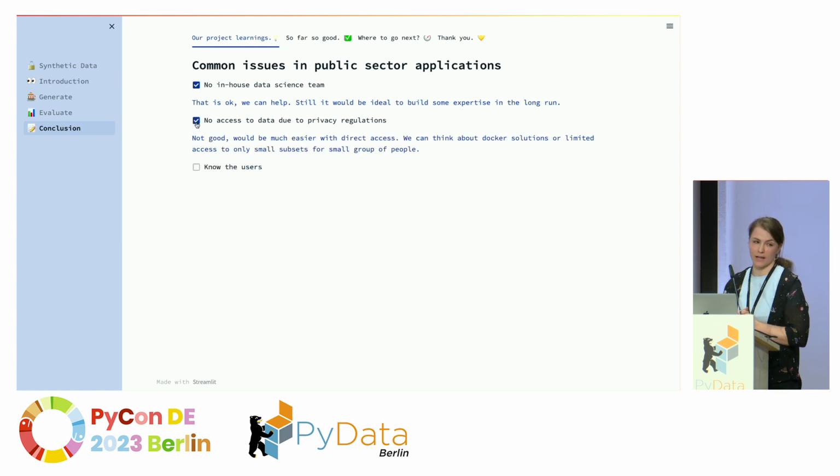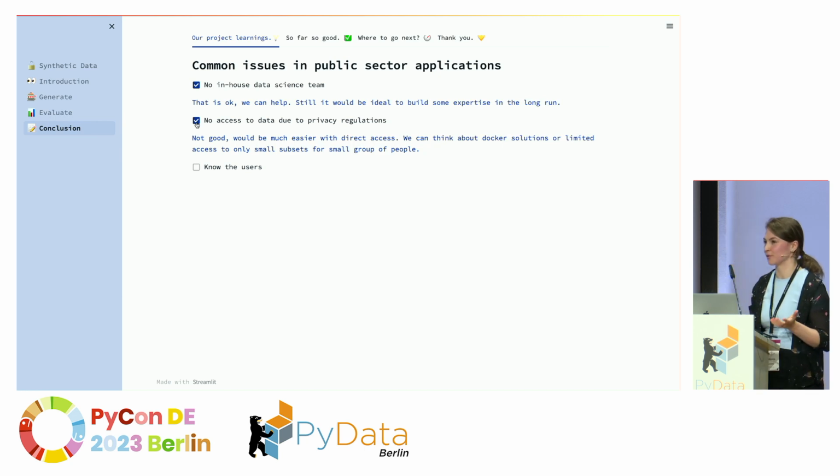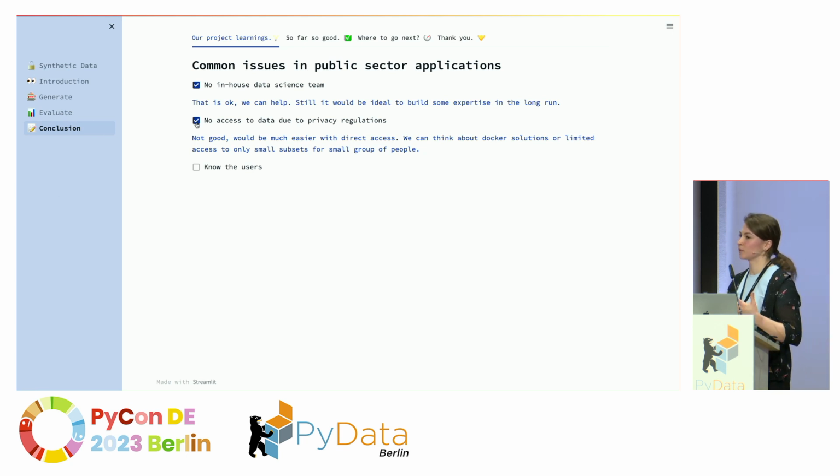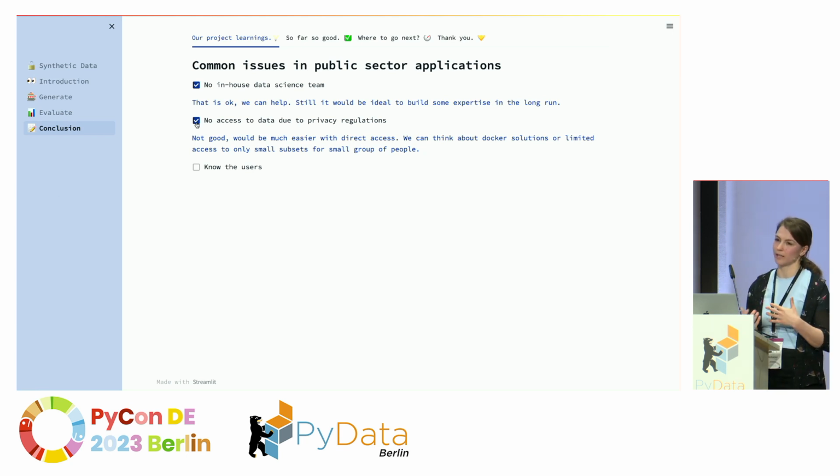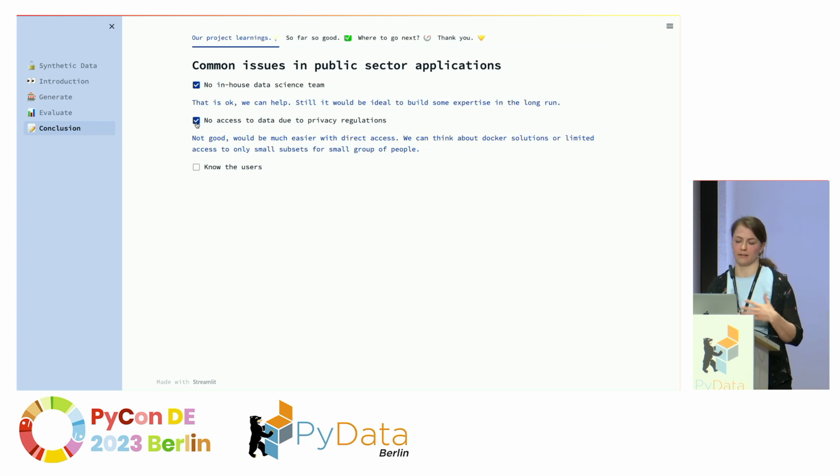And often we don't have any access to the data, and this is a problem if you want to create synthetic data out of it. But we are thinking about creating some Dockerized solutions where we actually only look at the metrics and generate data over this, not looking at the data, but just taking the data into the Docker and then creating the synthetic data and evaluating it.